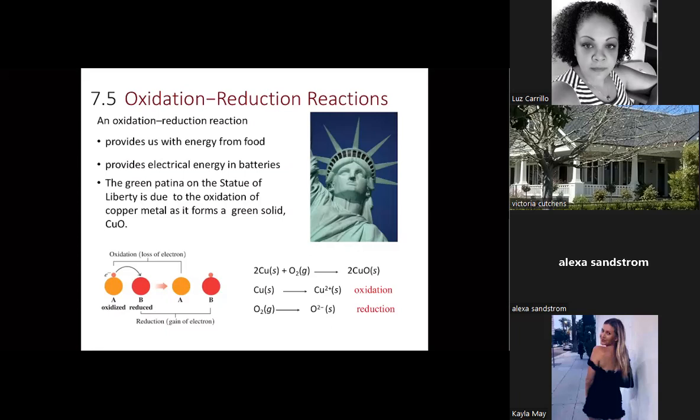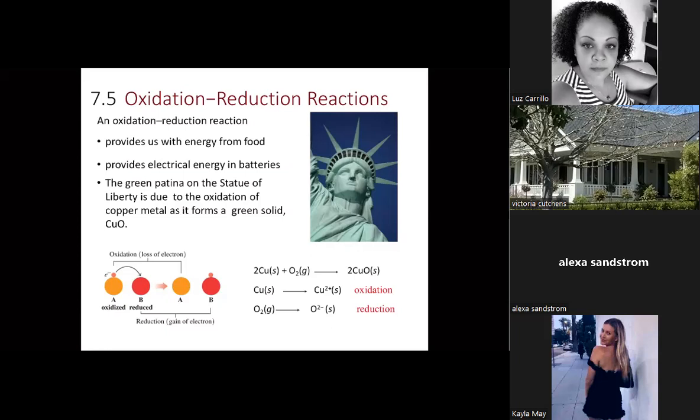In a practical sense, whenever you have batteries that provide electrical energy, it is done through oxidation reduction reactions, okay? To illustrate an example of a reaction that happens in one of the historic monuments that we have in this country, the Statue of Liberty. Put a 1 in the chat if you have seen the Statue of Liberty. Anybody? Ooh, some people have visited.